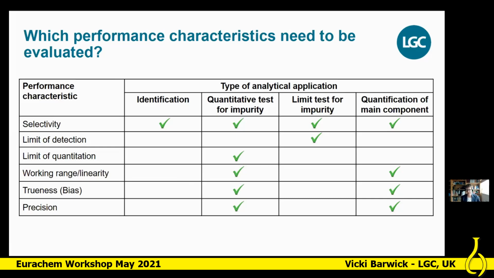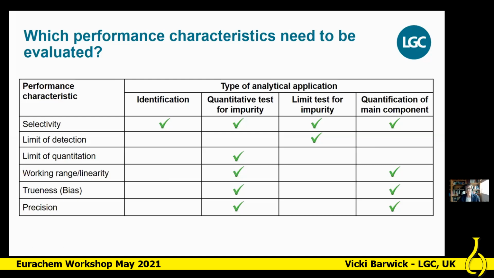But perhaps if we're looking at very low levels of an analyte, then we would obviously be interested in capability of detection. But if it's something that we're expecting to be there as a main component, then perhaps the capability of detection is not so important to us. But generally, we find that characteristics such as precision and bias and the working range and linearity of the method are pretty much applicable across a range of different validation studies and different requirements.